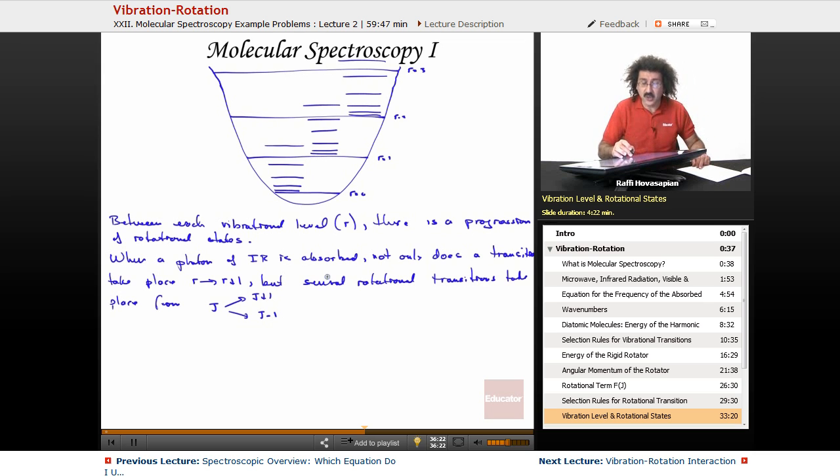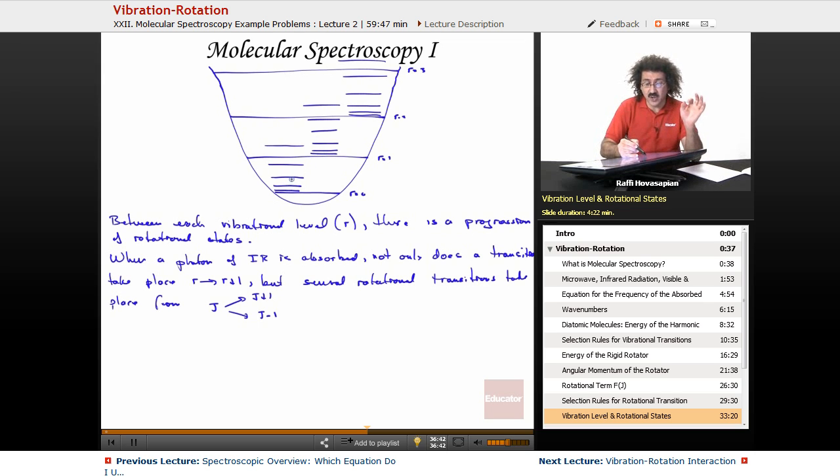So right now we're talking just about absorption. When we're talking about absorption, we're going to go from R to R plus 1. If we were talking about emission, we would be going from some level R to R minus 1. But for absorption, we're going up one vibrational level, but the J level can actually go down or up.